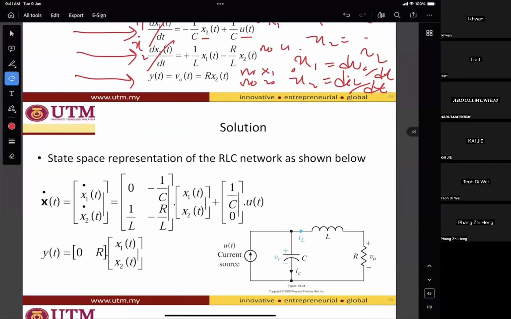So we arrange. I'm sorry, I don't know why when I do the conversion the matrix is like this.